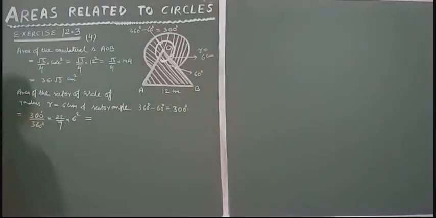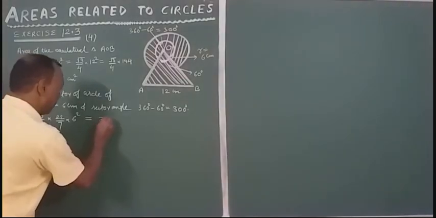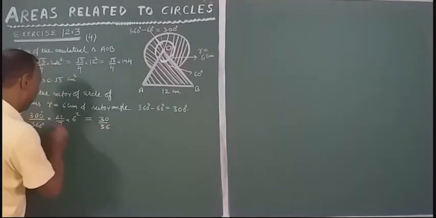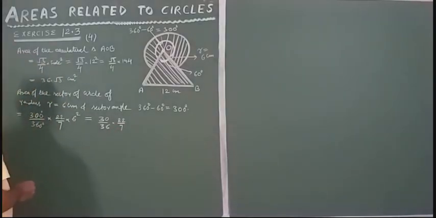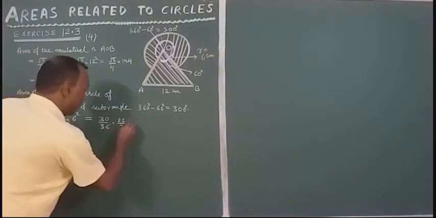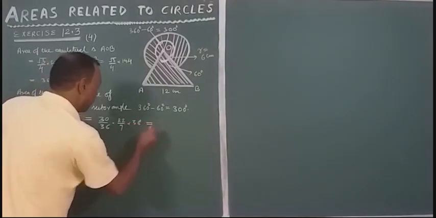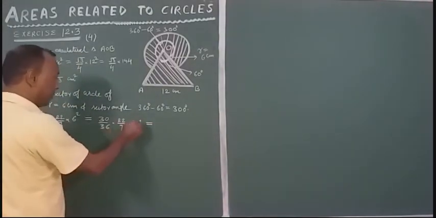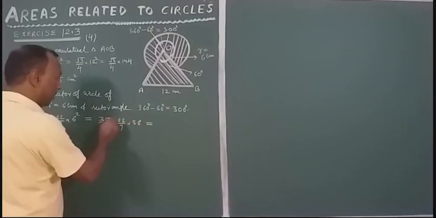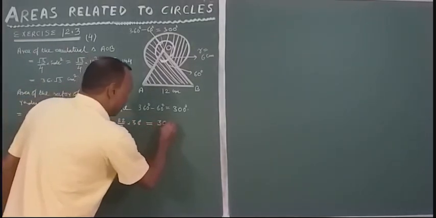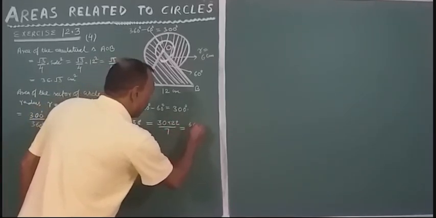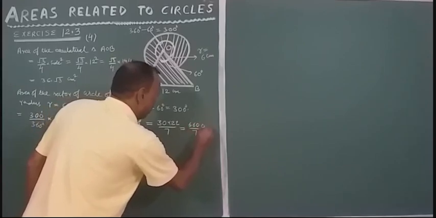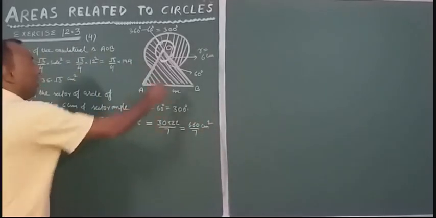Divide this by 10. 30 upon 36 into 22 upon 7, and this is 6 square is 36. What you will get? This 36 will be cancelled, and this will be 30 into 22 upon 7. 660 upon 7 centimeter square is the area of this one.